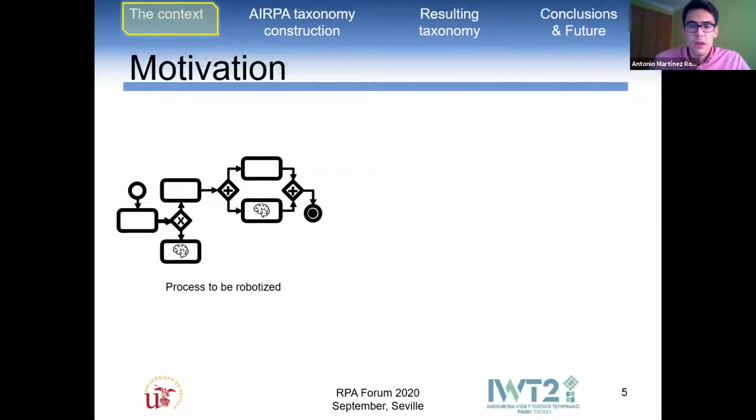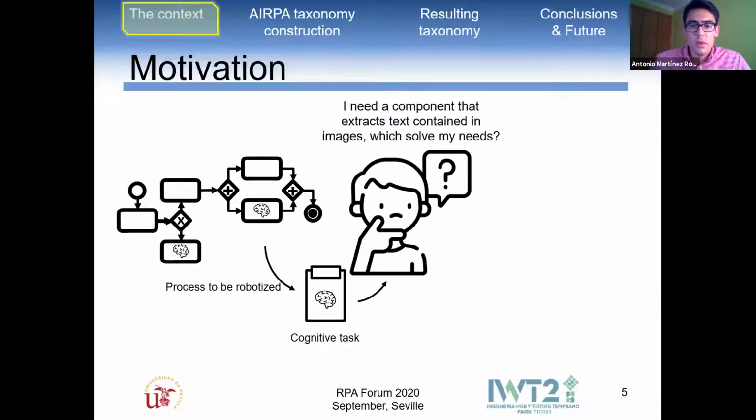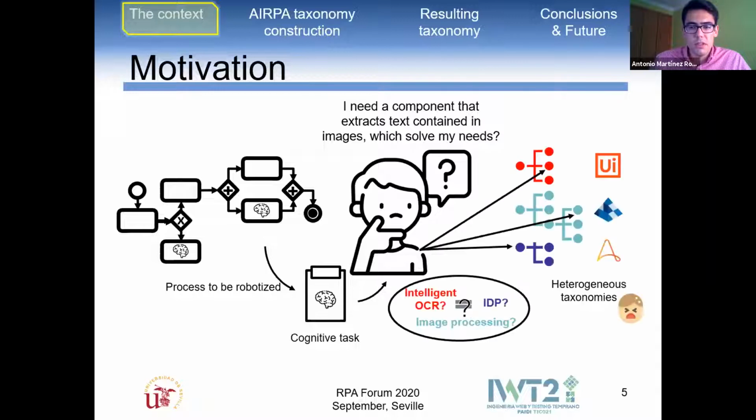Well, when an RPA developer wants to automate a process and identifies its cognitive tasks, then when looking for a component on the market that solves this task, he will find that each platform classifies similar components in a different way. So the main motivation for this ERPA components taxonomy is that we find in the market that none of the main RPA platforms, neither UiPath, Blue Prism, nor Automation Anywhere, follow a specific classification or classification standard.